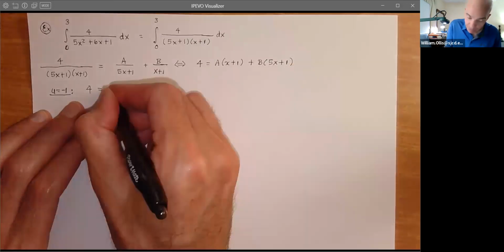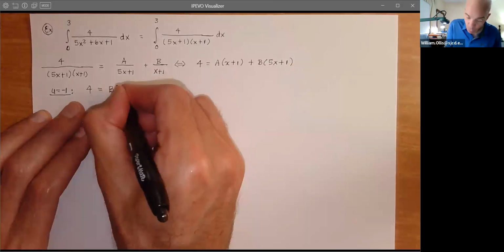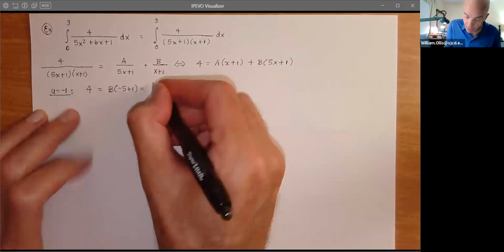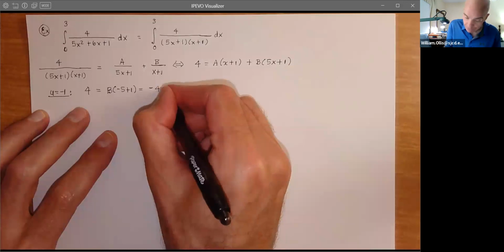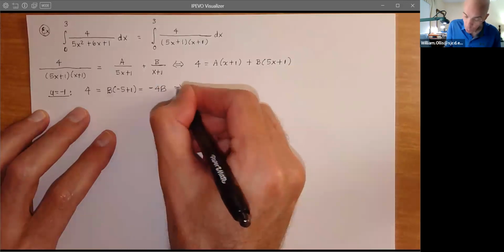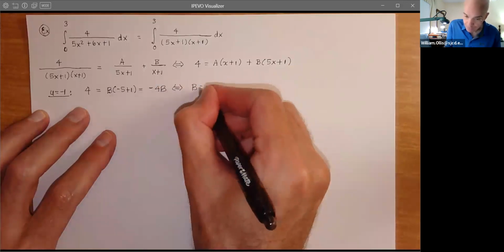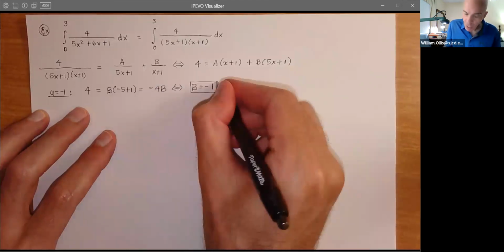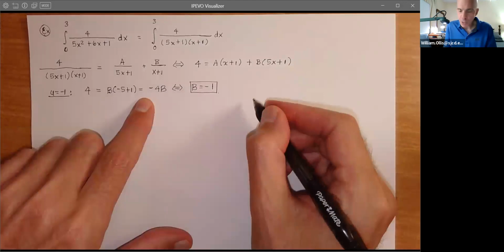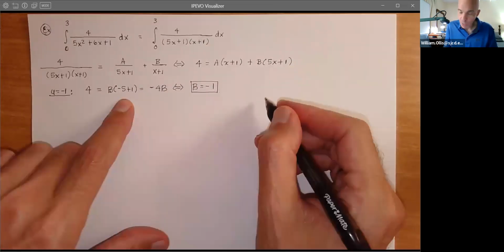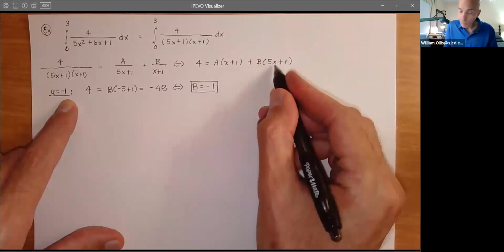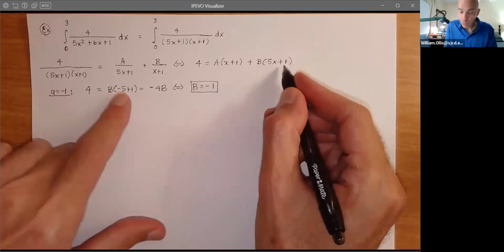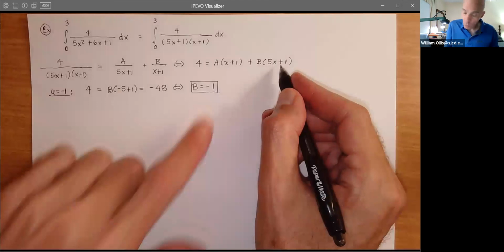So we have b times -5 plus 1, which is -4b. So the 4 is absorbed, b is -1. Very easy computations. Only do enough steps so you can go back and check. We substituted -1, this absorbs, -5 plus 1 is -4, the 4 is absorbed, b is -1. So we're done with that.